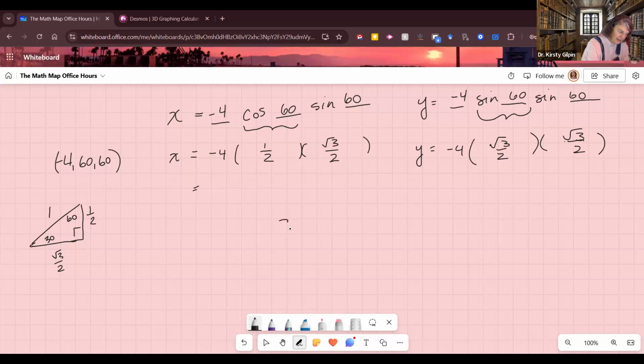And then my z is blank cosine blank, and we may need to look above and see that that's phi, that's my third angle. And so my radius is still -4. This is 60. And so this becomes -4 times 1/2.